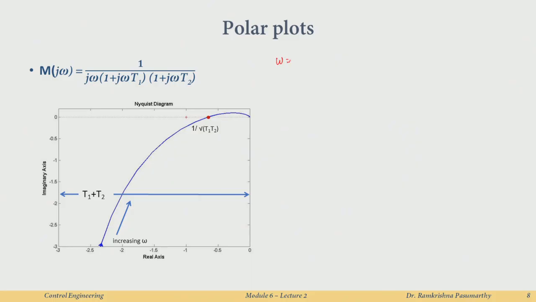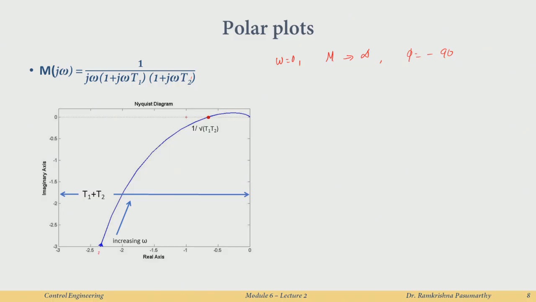When omega is 0, I can easily see that the magnitude M goes to infinity. When omega is 0, this term does not contribute to the angle, this term does not contribute to the angle, and only the last contributes, so phi equals minus 90. It's similar to what we had in the second example: the magnitude becomes infinity and phi is minus 90.